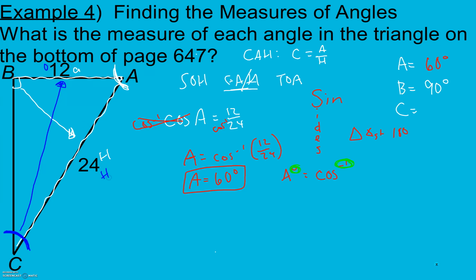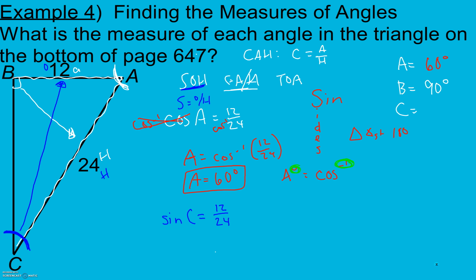And again, our hypotenuse is always our hypotenuse. So here, I'm looking for O and H, so SOH is what I'm looking for. And that means sine equals opposite over hypotenuse. So sine of angle C equals my opposite, 12, over my hypotenuse, 24.